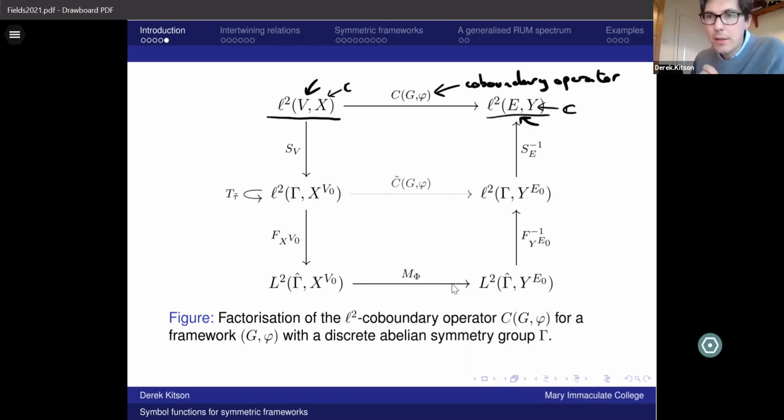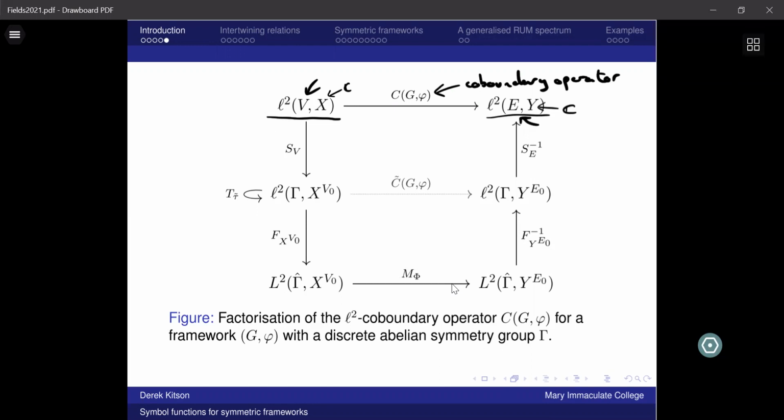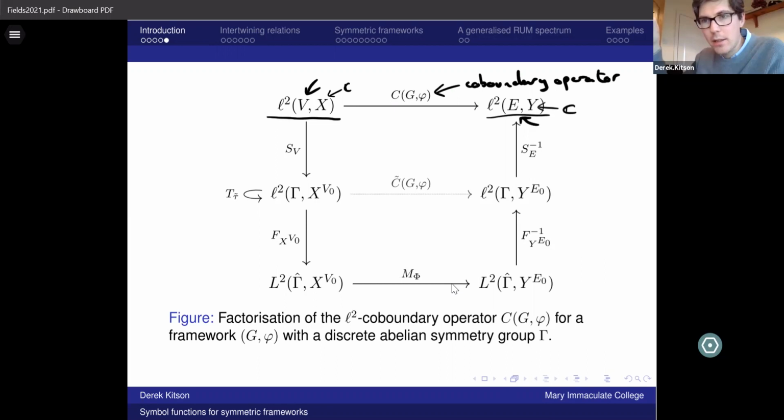Okay, if you think about the rigidity matrix, so you've got your columns indexed by vertices and coordinates, and you're mapping into a space indexed by edges. So that's pretty much what we've got here. A sort of vector valued space indexed by vertices into a vector valued space indexed by edges here. We might as well take C on this side over here in our application for rigidity.